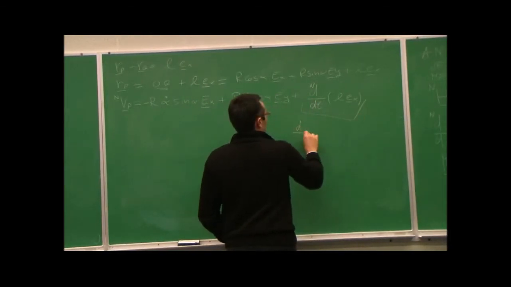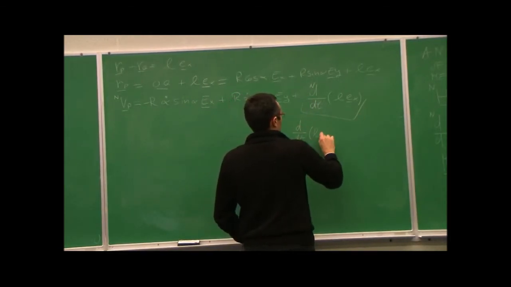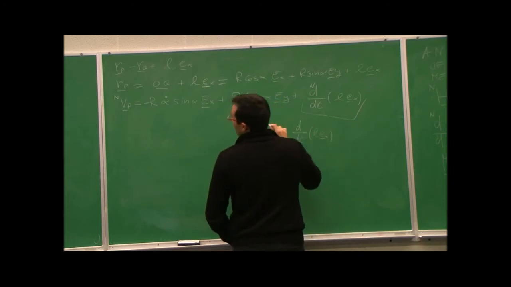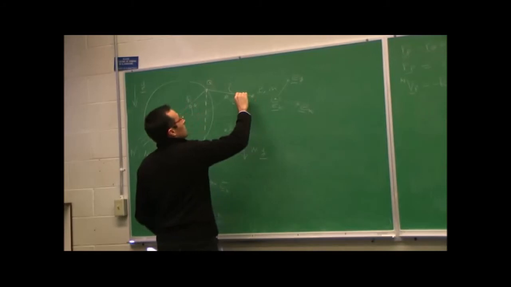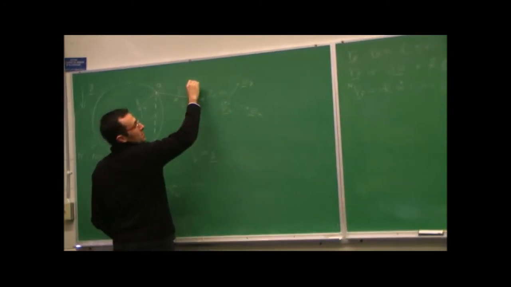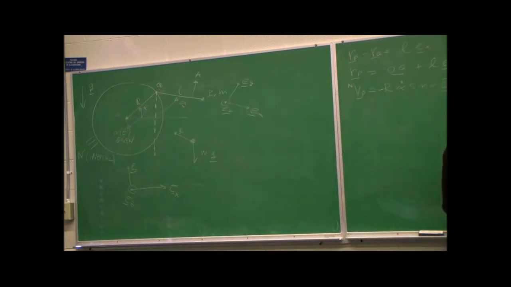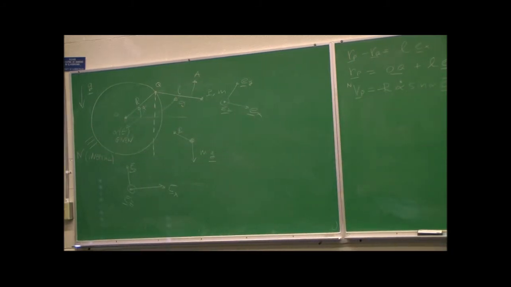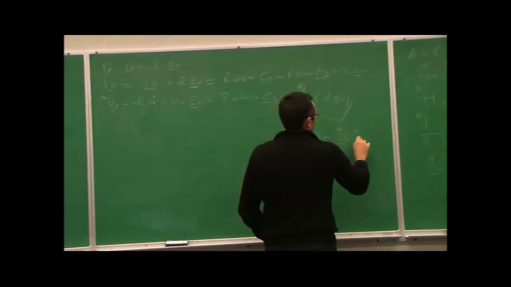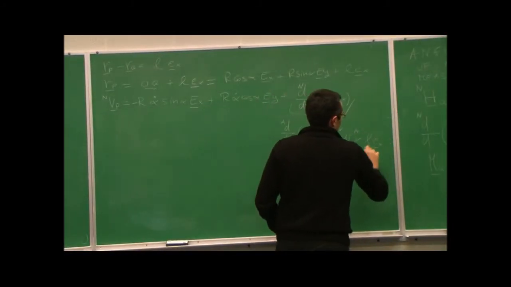Okay, rate of change of this same vector with respect to, I didn't give it a name. What do you want to call this? A? I'm not using A, right? Nope. A plus omega of A with respect to N crossed with the vector itself.